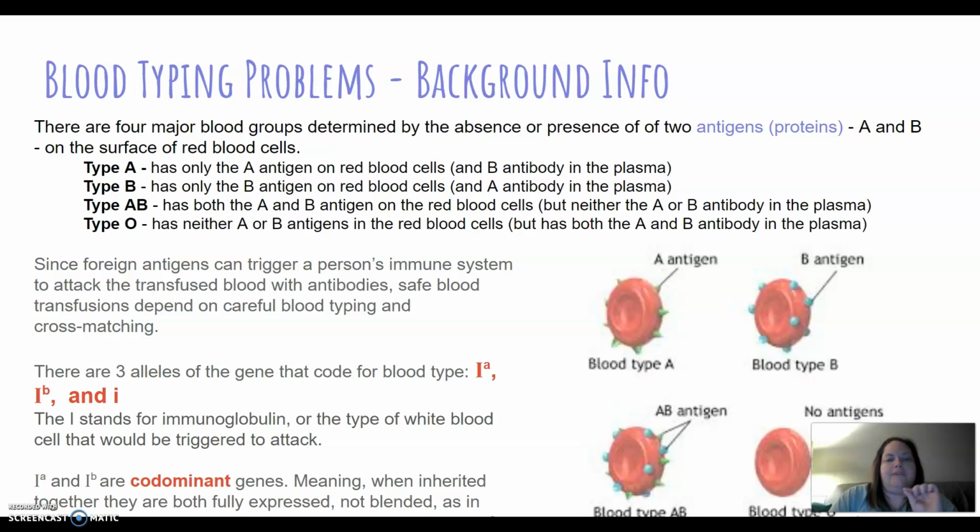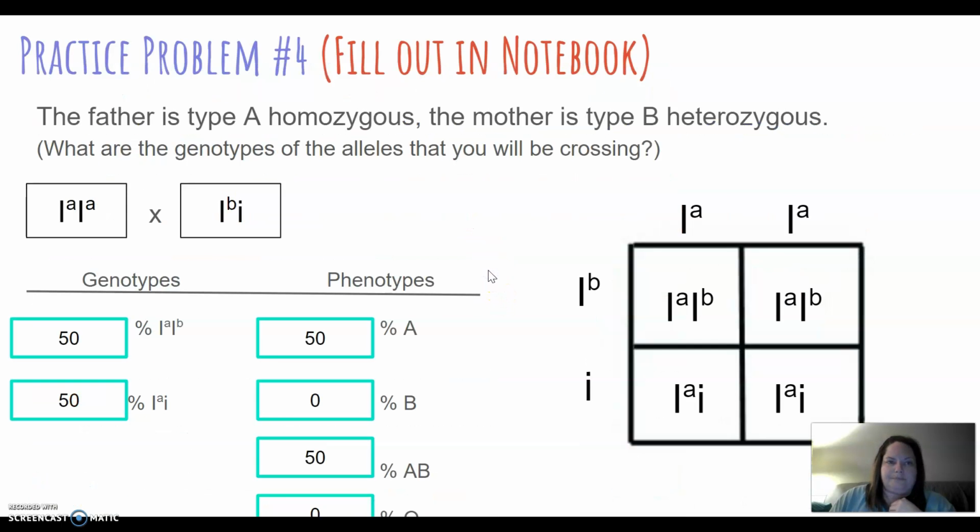So we've got uppercase I, then A, uppercase I, then B, and then our recessive, or our type O that has nothing on it, is going to be a lowercase i. So I A and I B are co-dominant genes, meaning that when inherited together, the offspring are going to have AB blood, so both will be present. Again, the recessive form of the allele, type O blood, is going to be a lowercase i.